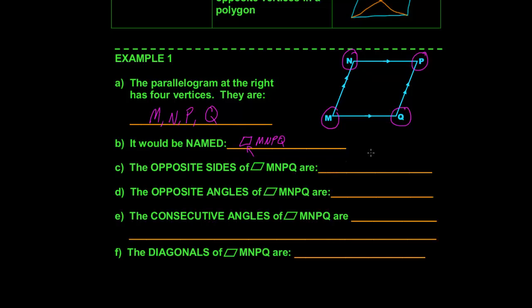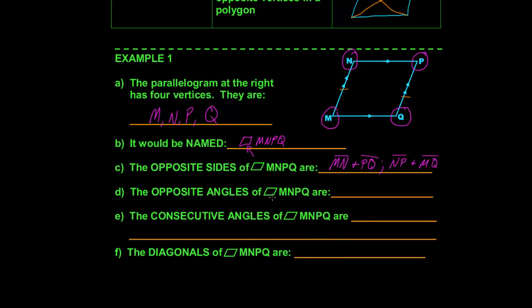If they're opposite of one another, they're given away to us by which ones are parallel. So we have MN, and opposite of that we have PQ. But then we also have two more: NP and MQ.